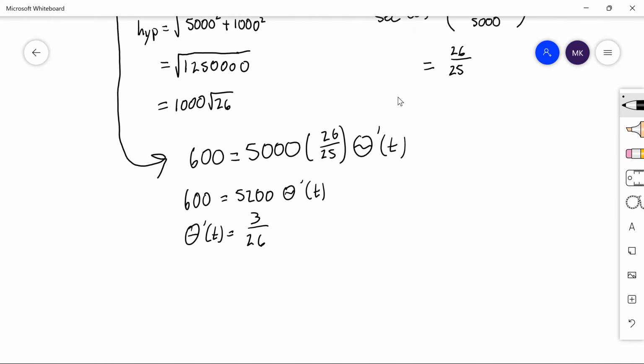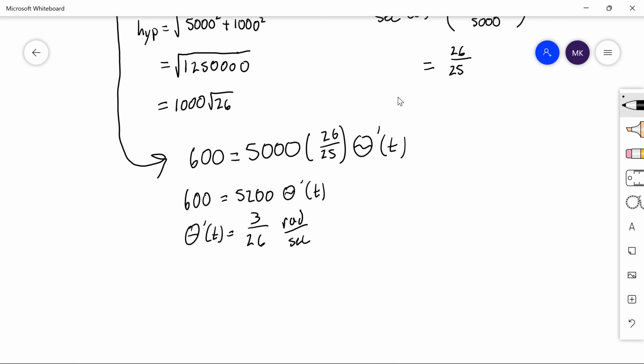And now this is angles moving per second, so this is radians per second. So essentially, when the rocket is at a height of 1,000 feet, our camera angle needs to be moving at 3 radians every 26 seconds, or 3/26 of a radian every second.